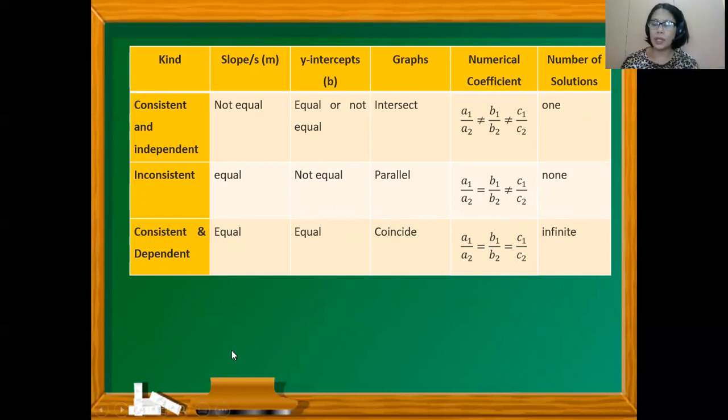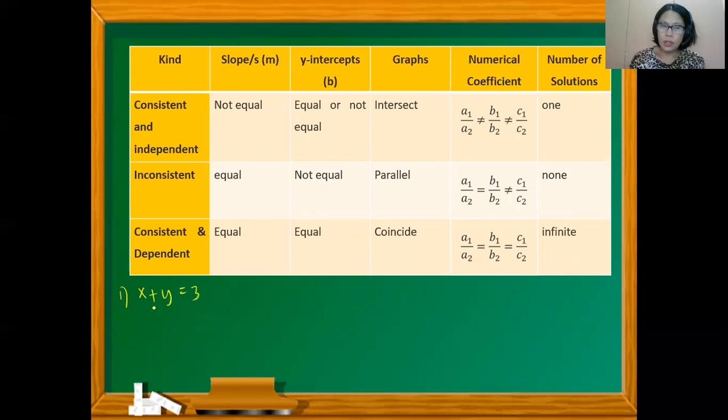Now, without graphing, we can identify whether each system is consistent and independent, inconsistent, or consistent and dependent. So with the previous examples that we have used in this discussion, the first pair is x plus y equals 3.